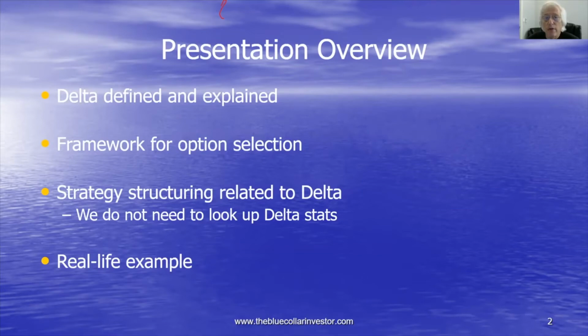And we're going to show how this strategy structuring is related to Delta and why we do not need to look up Delta statistics, that it will become automatic as we structure our strategy. And finally, we'll show a real-life example of how Delta impacts our option selling trades and how our option selection process is automated within the structure of our system.